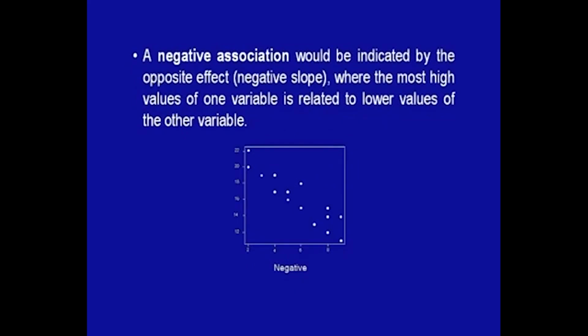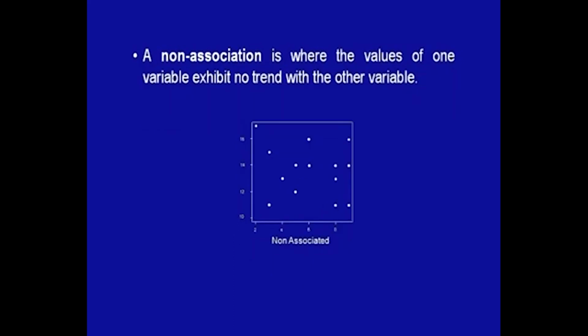A negative association would be indicated by the opposite effect, that is a negative slope, where most high values of one variable is related to the lower value of the other variable. Non-association is where the values of one variable exhibit no trend with the other variable.